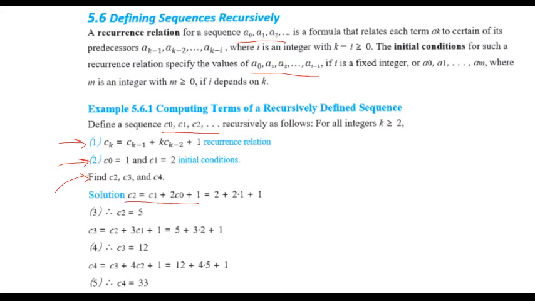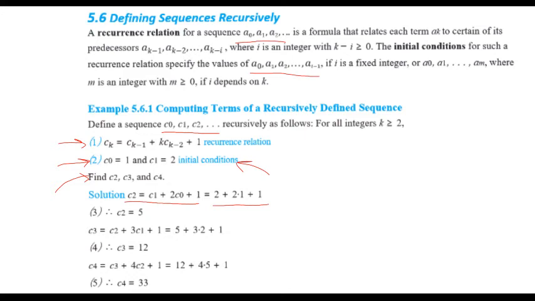And if you replace C sub 1 and C sub 0 with their values given in the initial conditions, you will get 2 plus 2 times 1 plus 1, which basically adds up to 5, so C sub 2 is 5.